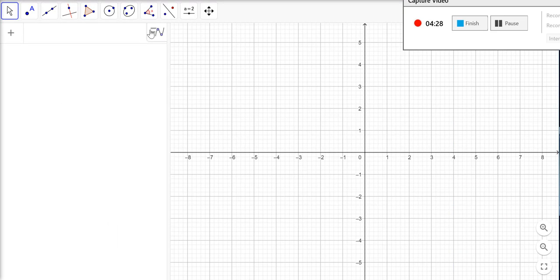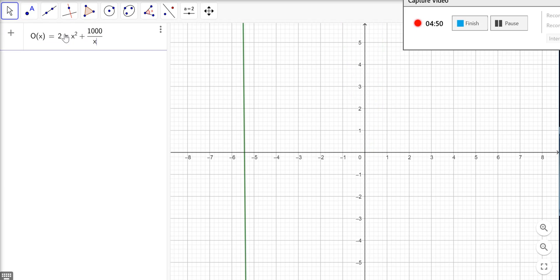So then it's called O of X equals to, what was it again, 2 pi. Pi I can get by Alt P, times X squared plus 1000 divided by X, and then we get the graph here.